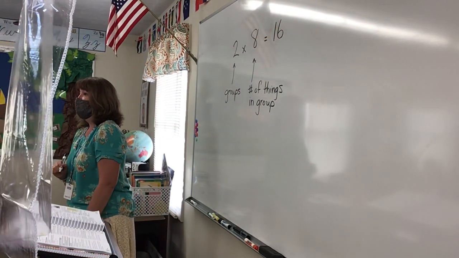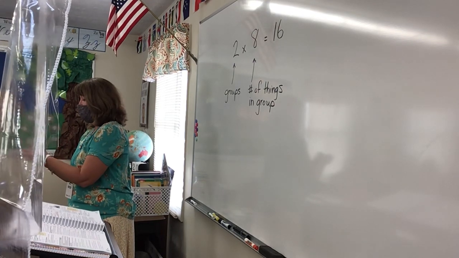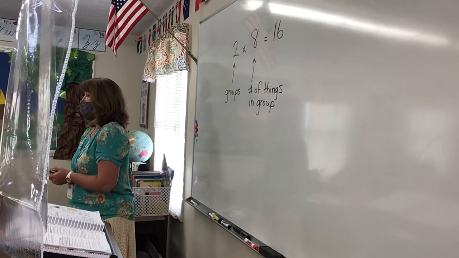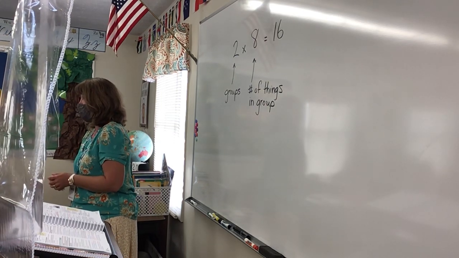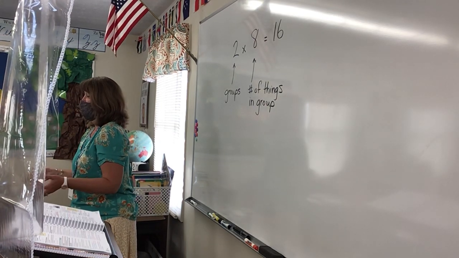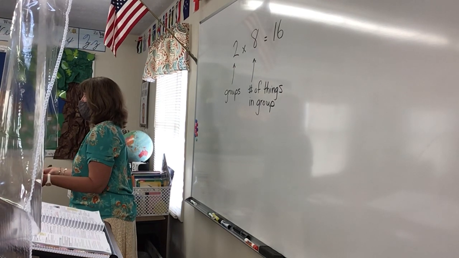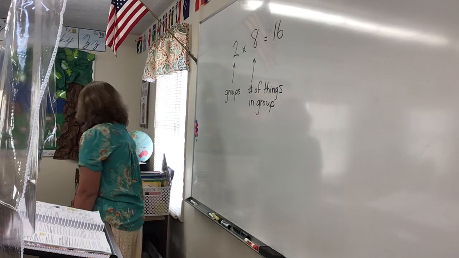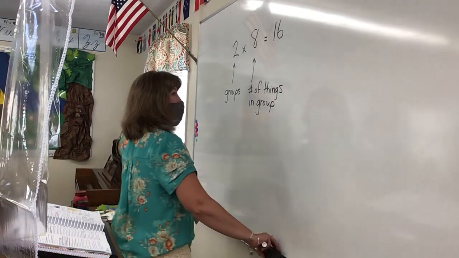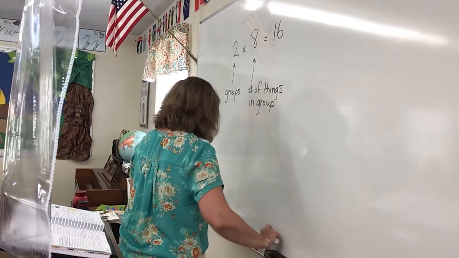Okay? So you might need to memorize the 2's a little bit. Because when you get to, say, 2 times 9, that's the same as adding 9 plus 9, which is 18.